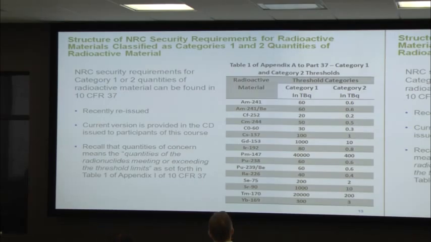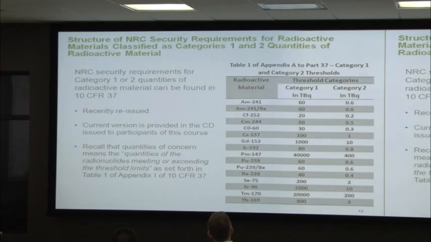The IAEA Code of Conduct has 25 radionuclides that are listed, and they establish various levels based on the factor D. Category 2, that's 10D. Category 1 is 1000D. In the IAEA regulations, Appendix A to Part 37, they deal with both of these, but they only address those 15 that are at the top of the Code of Conduct.